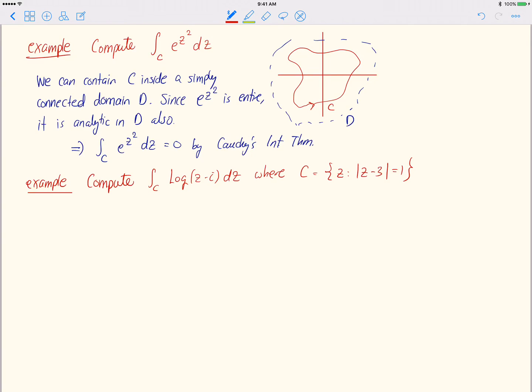Okay, so modulus of z minus 3 is equal to 1. Remember what that represents: a circle centered at the point 3 with radius 1.